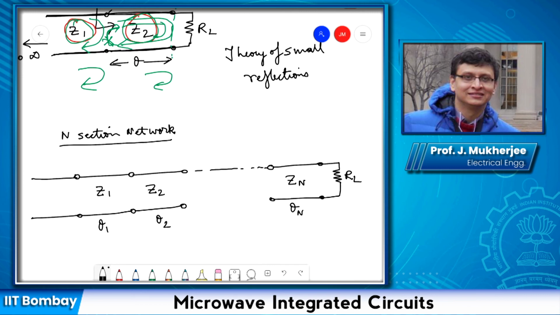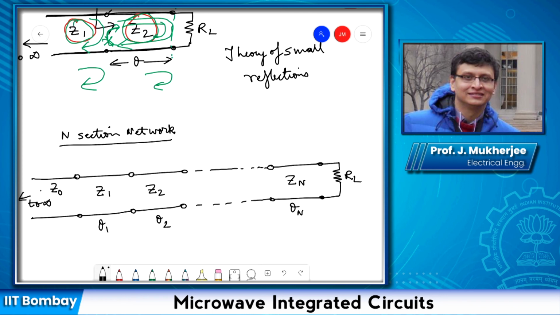This goes to infinity just like the previous case, but this source transmission line has a characteristic impedance Z0.